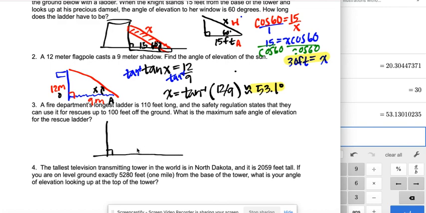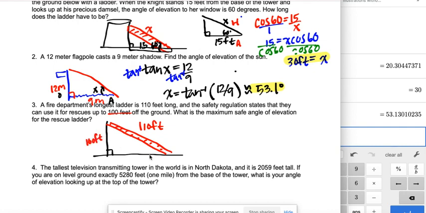The longest ladder that they have is 110 feet. So here's my ladder again. That's 110 feet long. It says that it can rescue up to 100 feet off the ground. So that is telling us the height is 100 feet off the ground here.